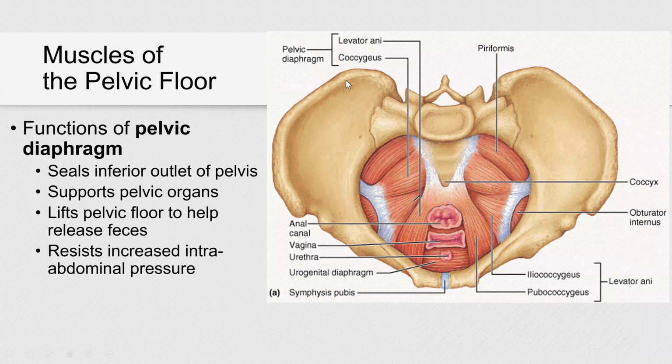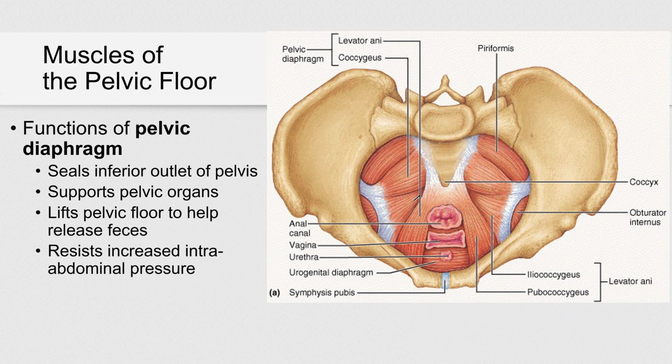Now, on this diagram, we are looking at a human pelvis in superior view, and we have the outlet of the pelvis. In this outlet, we will find muscles, and we call these muscles the pelvic floor. Because it's an outlet, there is an opening over here, right? We do not want this opening to exist because we have our pelvic organs, and you don't want your pelvic organs to fall down when you're walking.